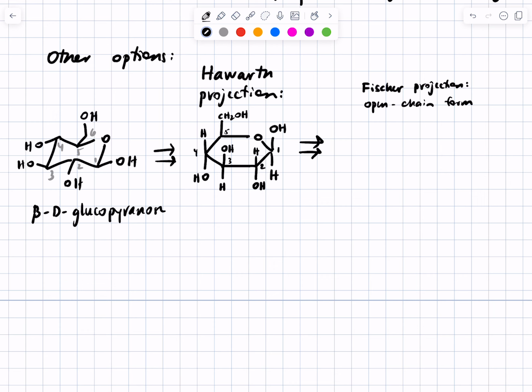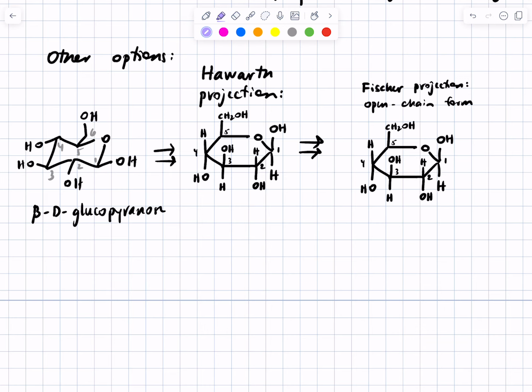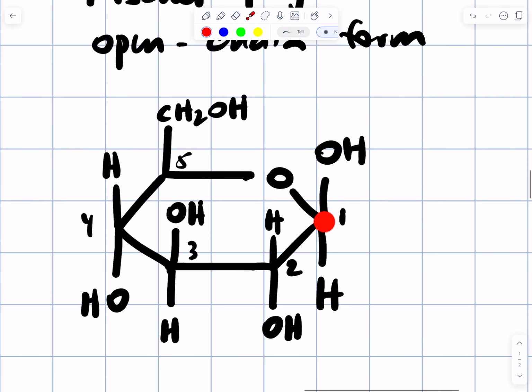It's pretty simple. All you do is you start with the Haworth projection, and you convert it into its open chain form. Now notice the hemiacetal carbon here. This is the carbon that's going to be the aldehyde, and this will simply be the OH group on carbon 5.